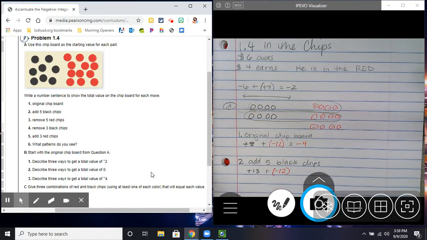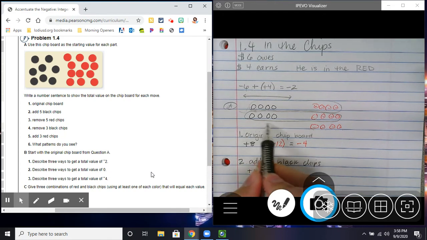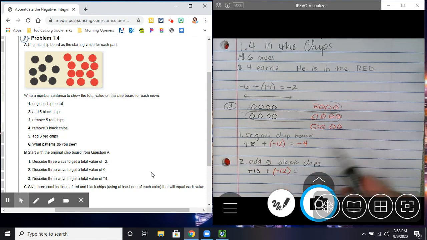If you would like to redraw them, you are absolutely more than welcome. So there's more over here now by 1 extra black chip.